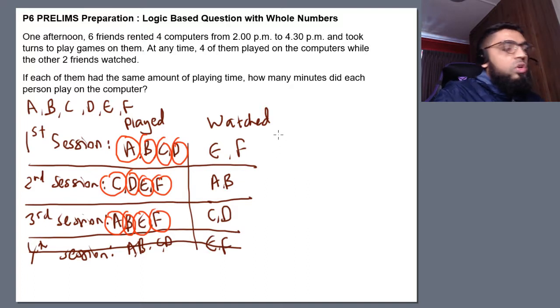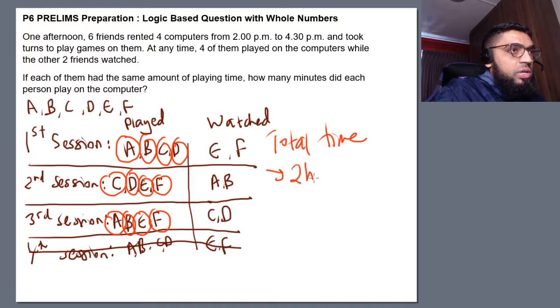Now, how do we go about writing our next steps? I know that the total time taken for this rental is 4:30 minus 2 p.m., which is just 2 hours and 30 minutes.